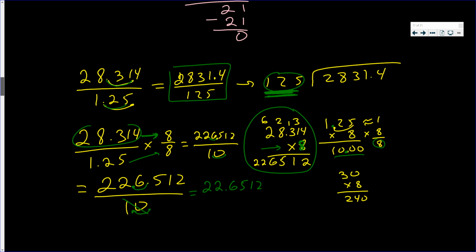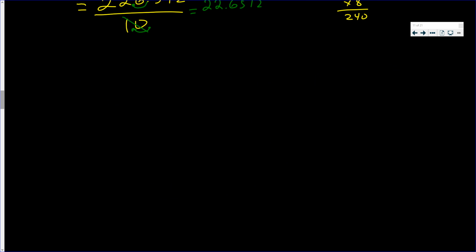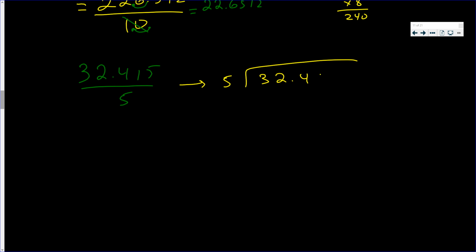Okay. Now, suppose you have 32.415 divided by 5. Now, this is not the worst. You can do 5 into this number. In fact, if you prefer, don't even put the decimal. 5 goes into 32 6 times.